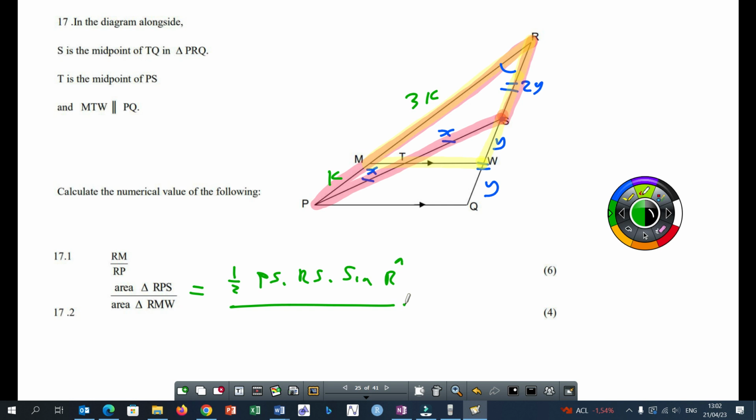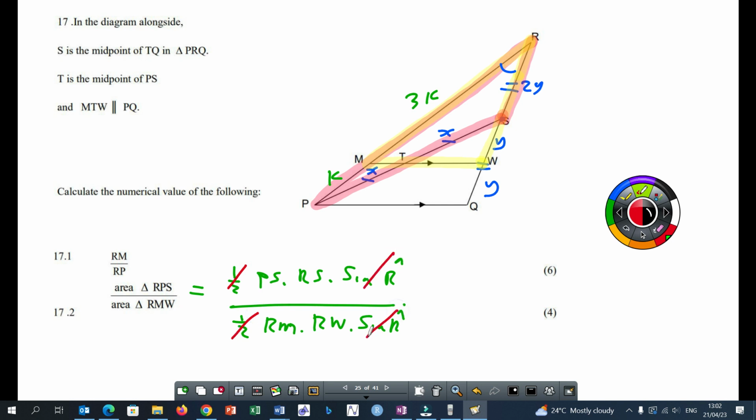So that will be half times RM times RW times sine R. Okay, question becomes very easy. No increase of your heartbeat because you'll be knowing what to do. So these two cancel out.